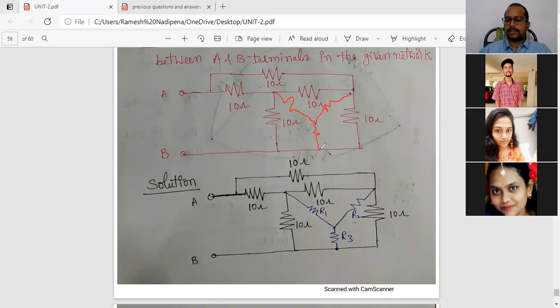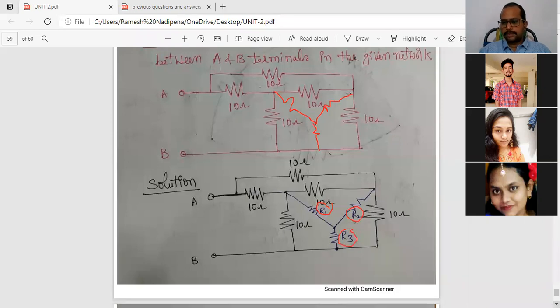So simple. Whenever delta has similar resistances, delta equals 3 times the star current elements. So for getting star current elements, delta by 3. That means here R1 value is 10 by 3, R2 value is 10 by 3, R3 value is 10 by 3. Right? That is step number 1.